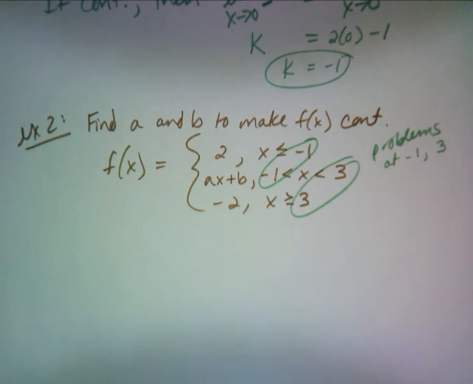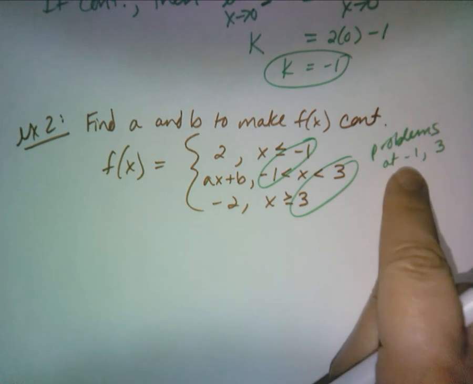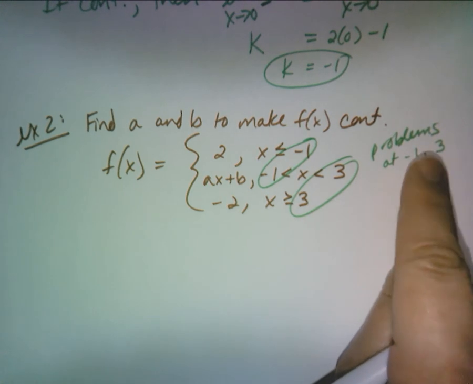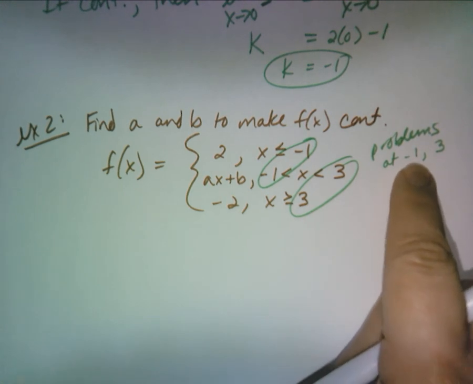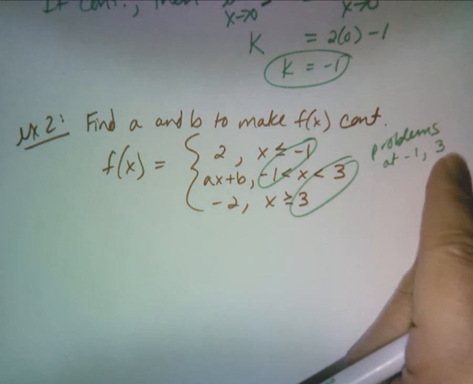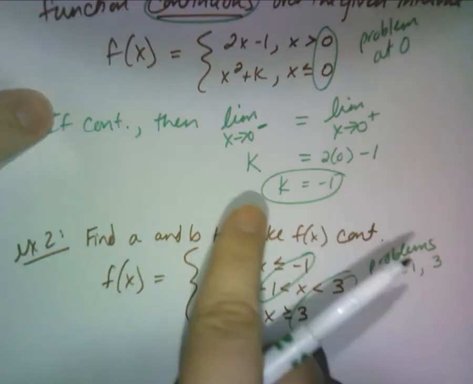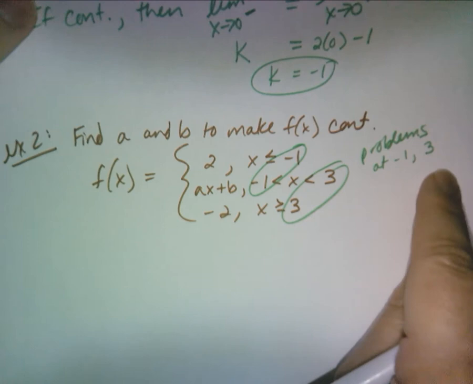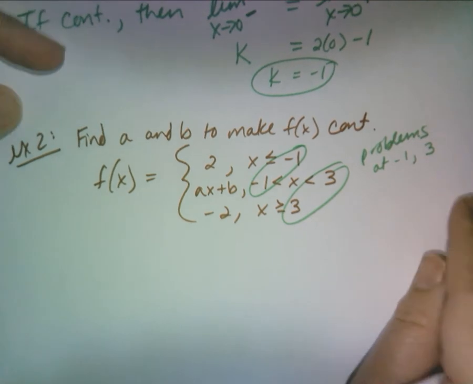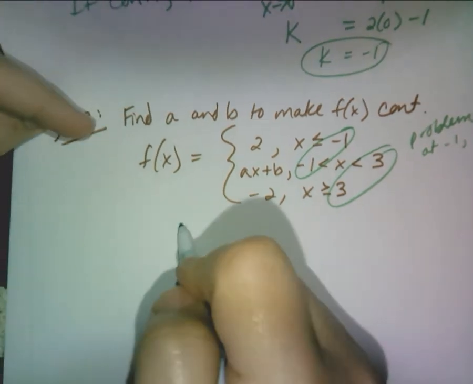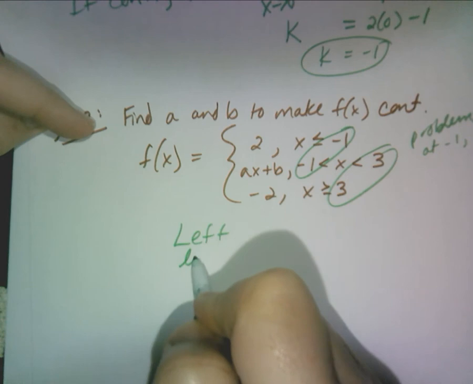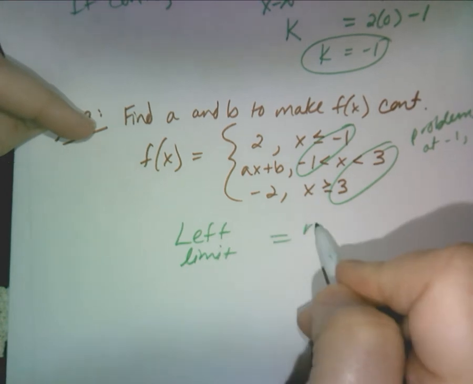So you're actually going to have to do 2 different limits for 2 different x's. You're going to have to do a limit from the left of -1 and a limit from the right of -1, and a limit from the left of 3 and a limit from the right of 3, just like we did up here, but now we've got 2 of them. Does that make sense? Okay, so I need to check that, and this is the whole point, that your left limit is equal to your right-hand limit.